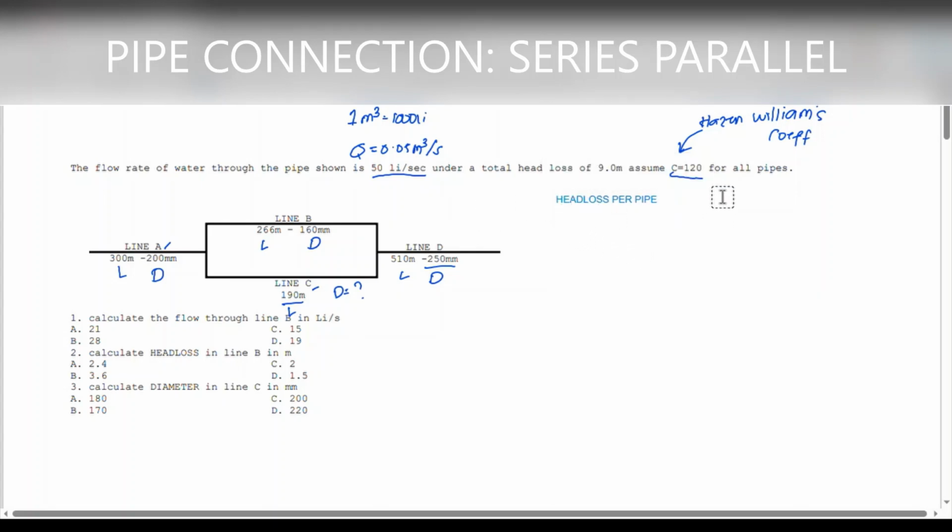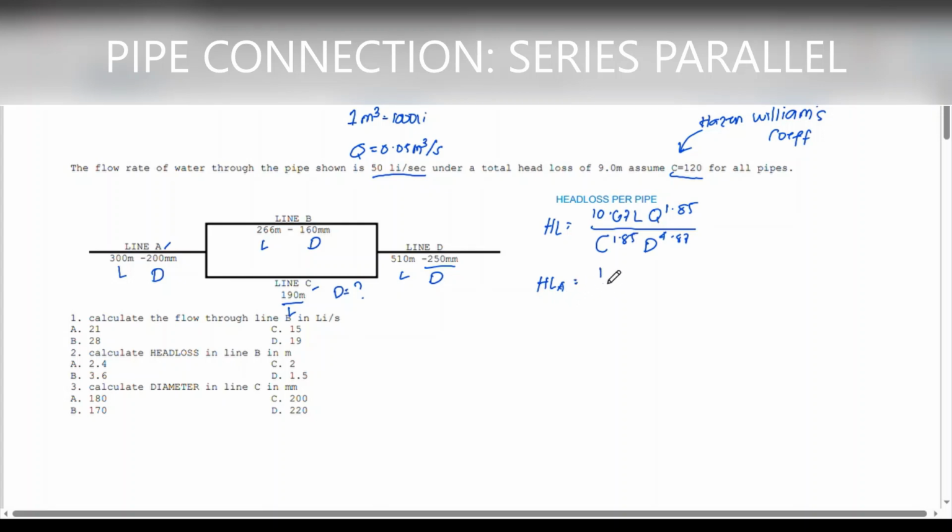Since this is a Hazen-Williams problem, we have a formula for head loss due to friction: head loss is equal to 10.67 L Q raised to 1.85 all over C raised to 1.85 times D raised to 4.87.